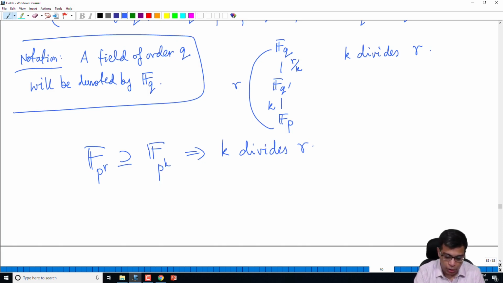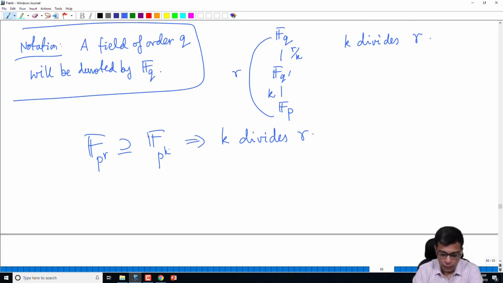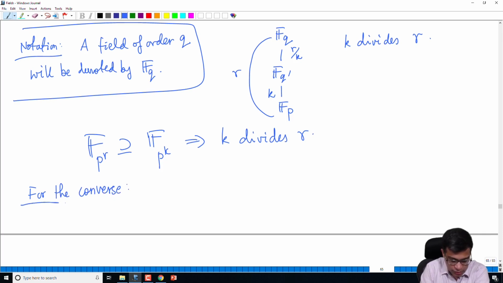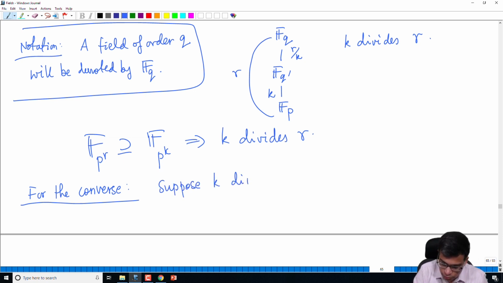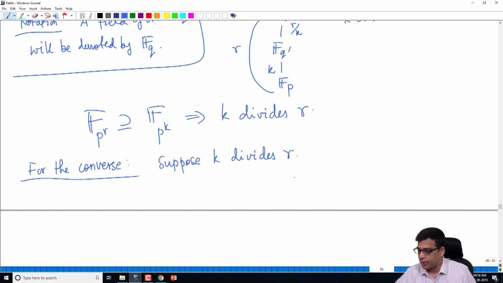The converse is also part of the statement. The converse I will not prove in detail, but only comment on the following. Suppose k divides r.